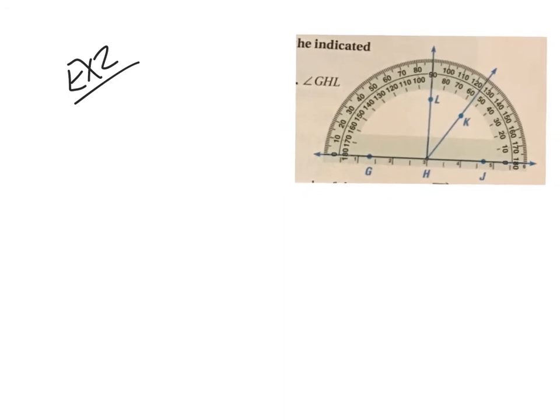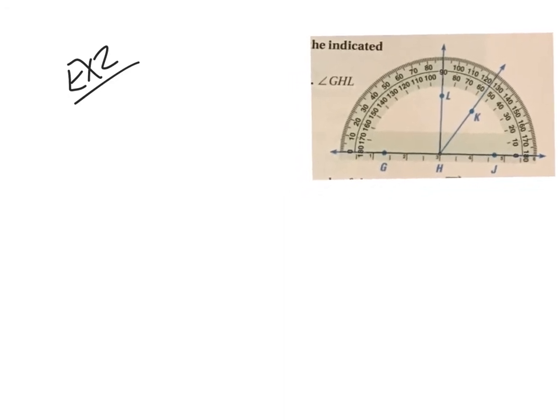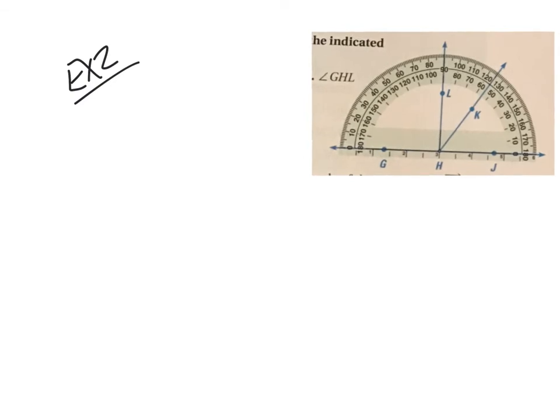All right, this is on page 25 in your book if you want to follow it there. So we're going to look at this protractor and find the measure of the angle and then classify it. When you hear the word classify, that's when you're doing the acute, obtuse, etc.